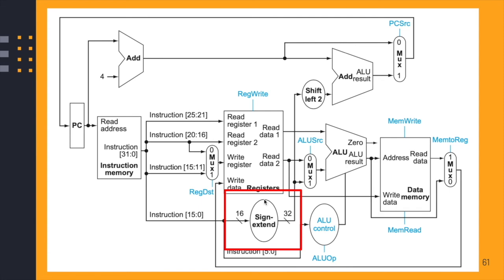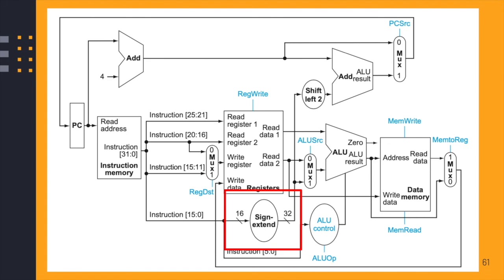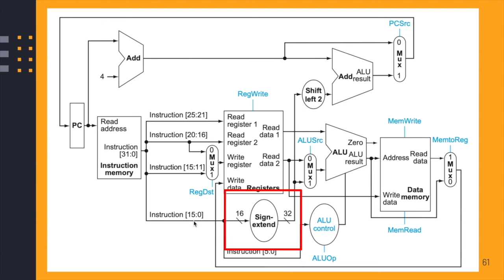So I need to extend this value. How to extend this value? Using a sign extend module. And since it's a sign extend module, it takes into consideration the sign of the value, whether it is positive or negative. The sign is the most significant bit, which is bit number 15. If bit number 15 is 0, it means the number is positive, so I need to add 16 zeros to the left.